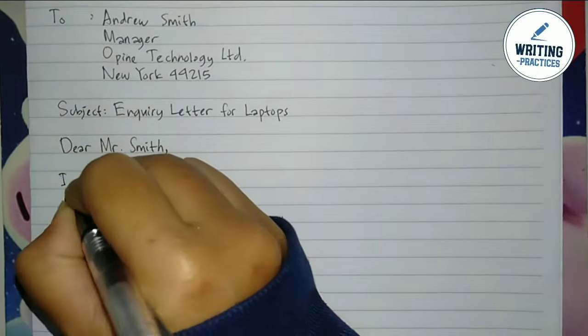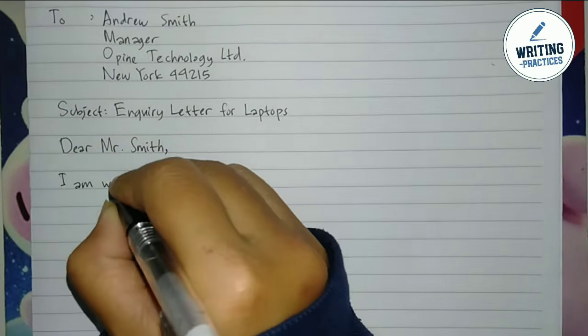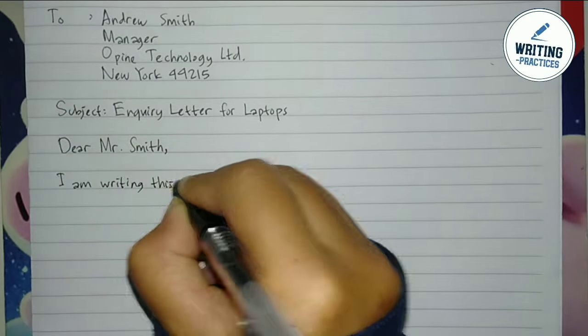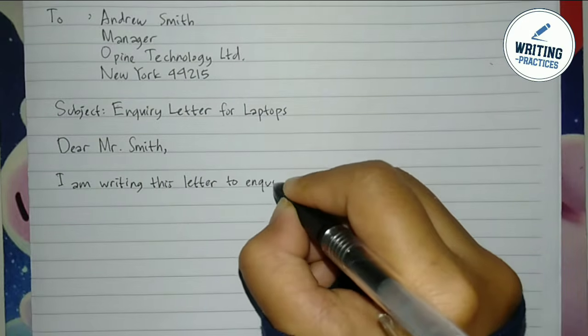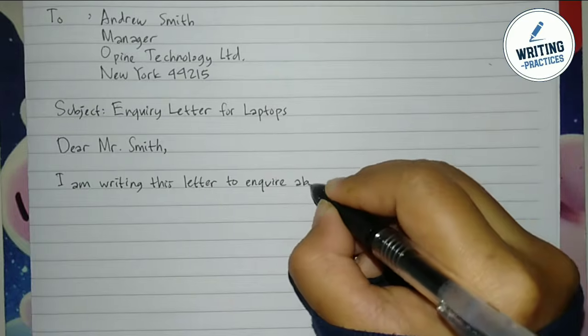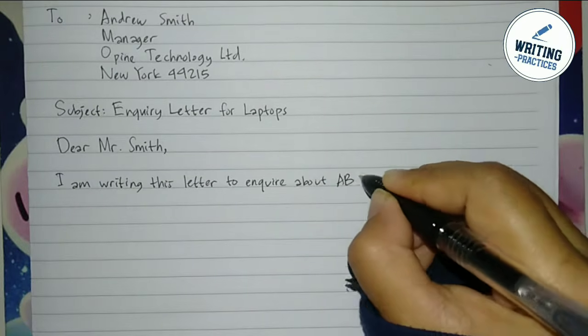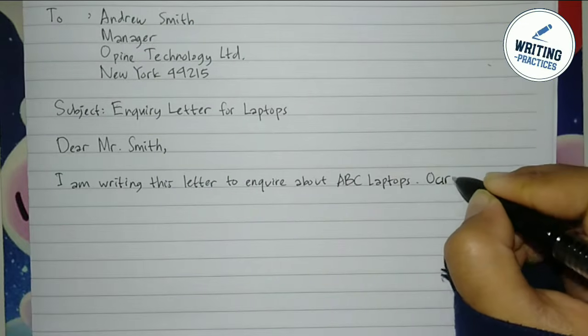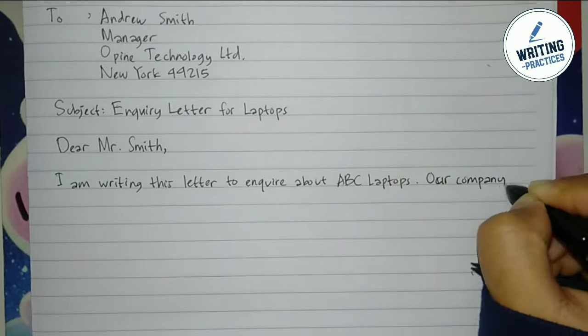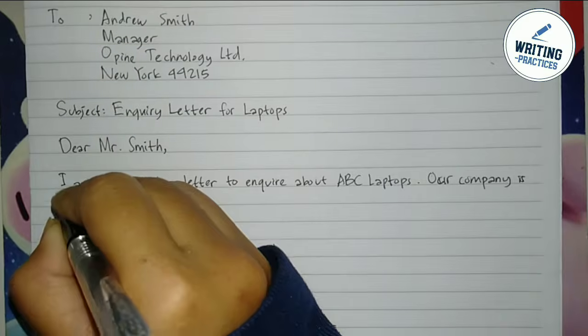In the first paragraph, write that this is an enquiry letter, and mention what object it is. And if it has a brand, mention it too. Write the reason why you are writing this letter.